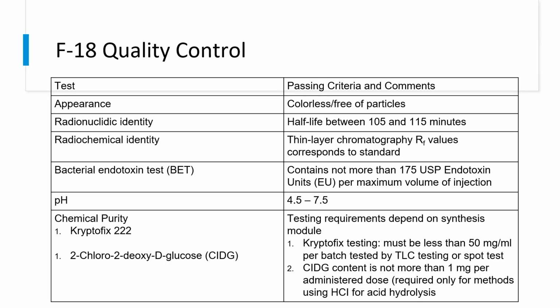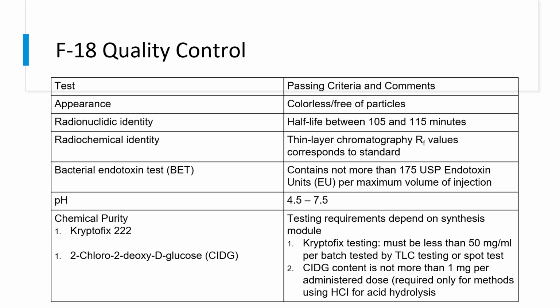So for F18 as the example, there are several different tests that are done. The first one is appearance. It must just be colorless, clear, and free of particles, not cloudy. The radionuclide identity, it needs to have a half-life between 105 and 115 minutes, so we know that it's F18.